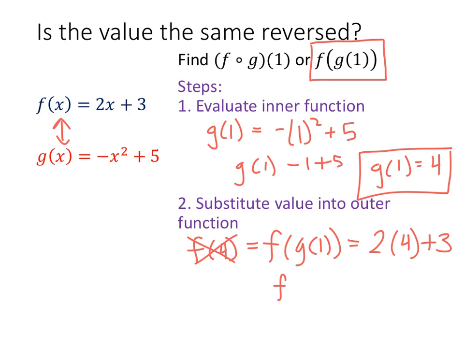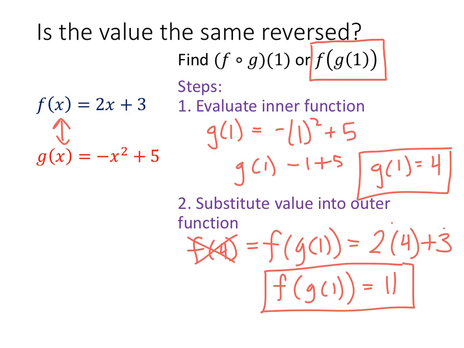So f of g of 1 is 8 plus 3, which is 11. Notice that we don't get the same answer when we reverse these, but the idea behind it is that we're just working from the inside function to the outside function and carrying those values along with us as we move from one function to the next.